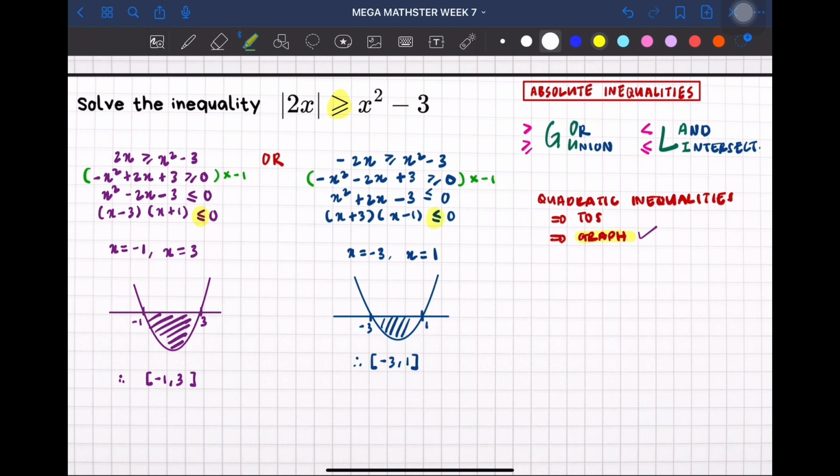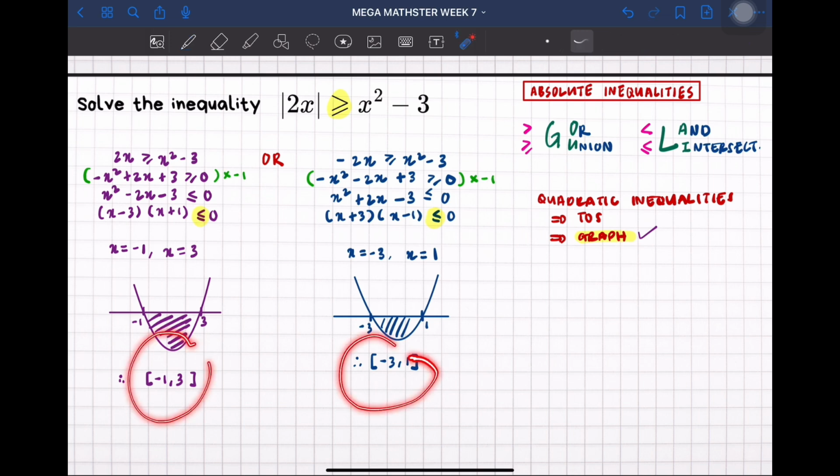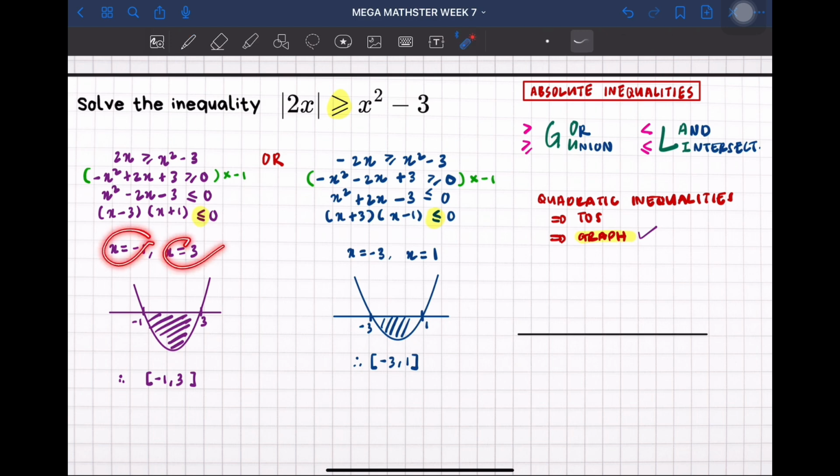Okay, so are we done? Not yet. Why? Because we need to combine the answers and find the union. So we're going to draw a number line. We have four x values: negative 3, negative 1, 1, and 3.